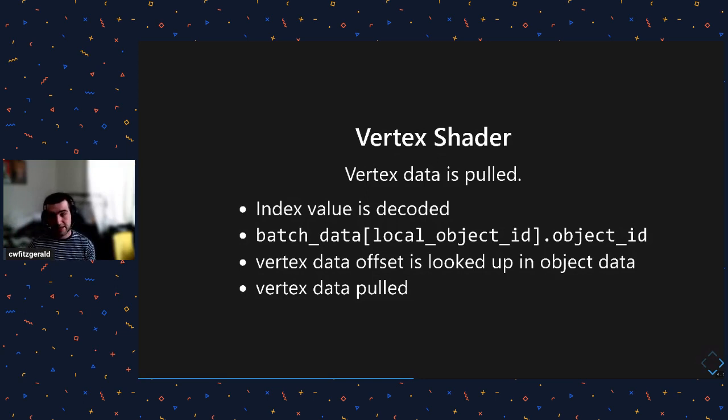Inside of that object data, it also includes essentially pointers. They're literally U32s, but they're basically pointers into the vertex data mega buffer, saying, "Oh yeah, your position data starts at byte whatever. Your normal data starts at byte whatever." So we have all of that on the object. Once we get those positions, we pull the vertex data as normal.